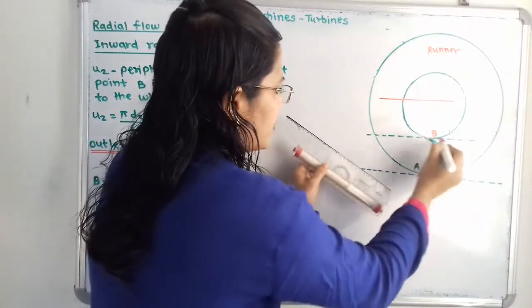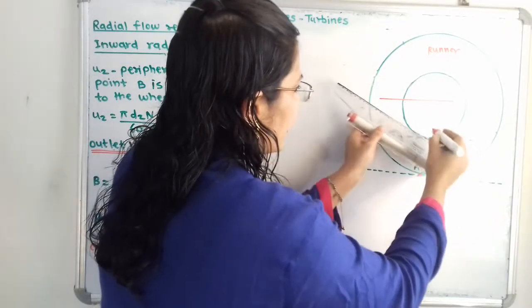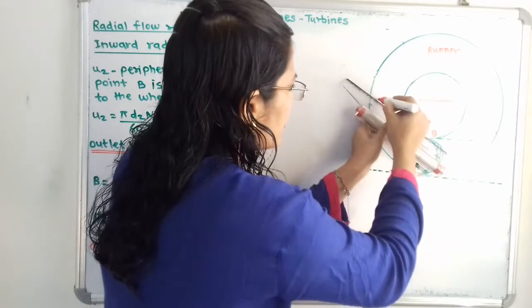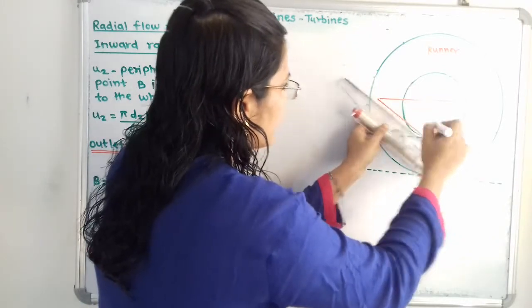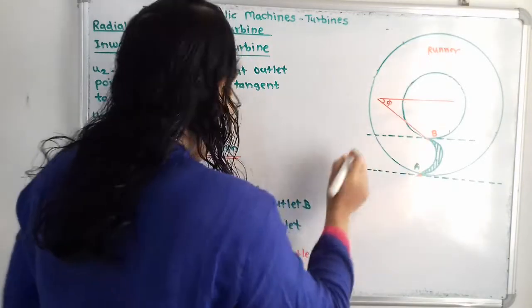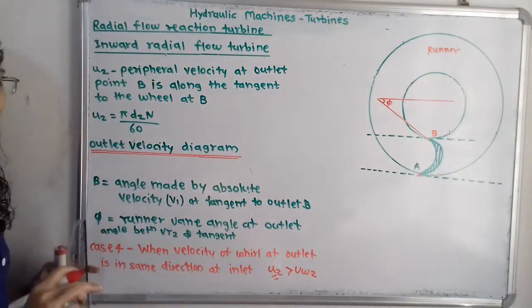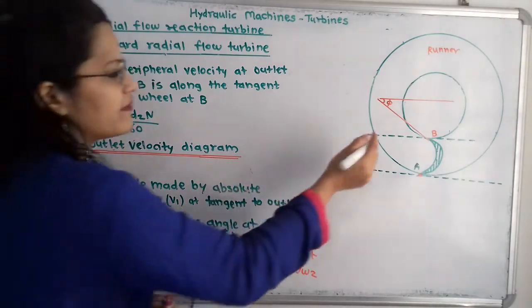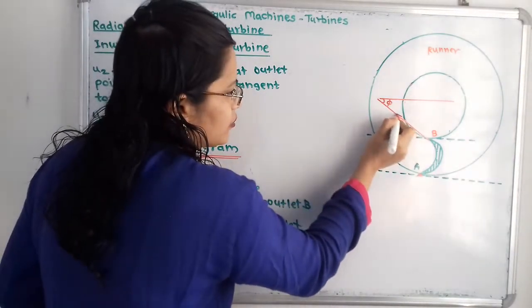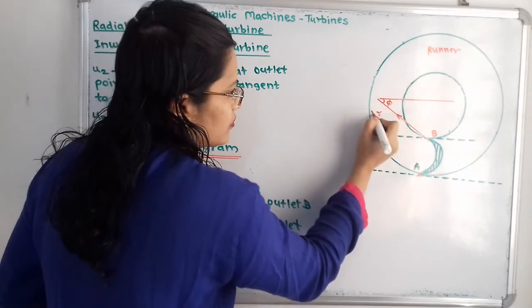This is the tangent, and here is the line parallel to the tangent. If I draw here one line, then this angle phi is the runner vane angle at outlet, that is, the angle between VR2 and the tangent. So here I will show VR2.